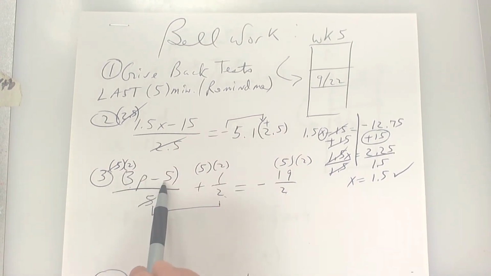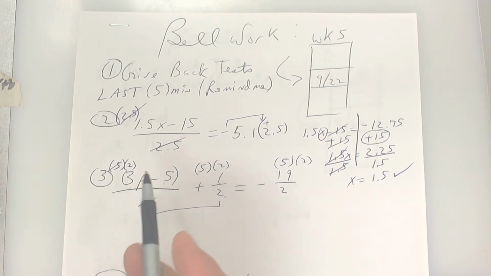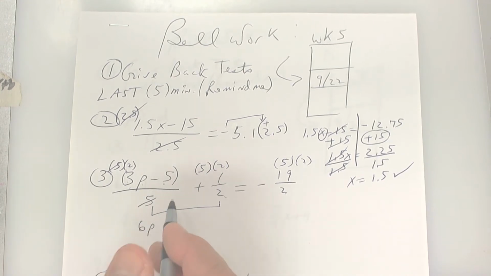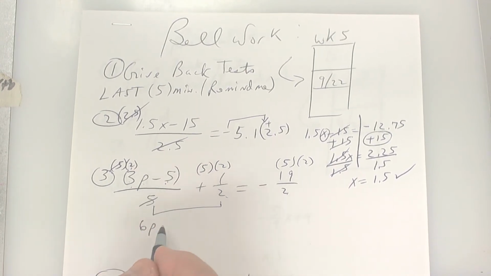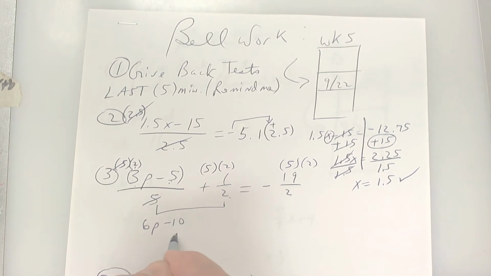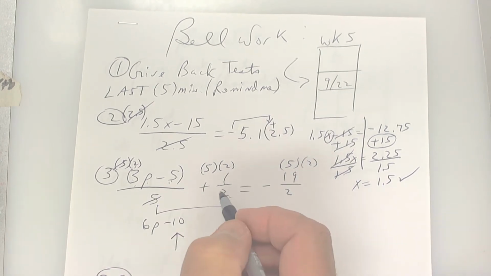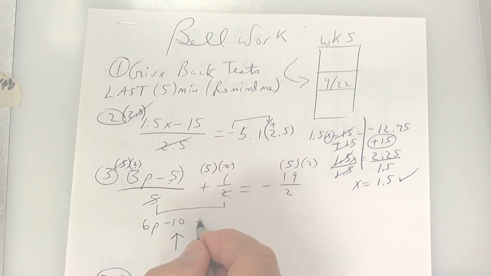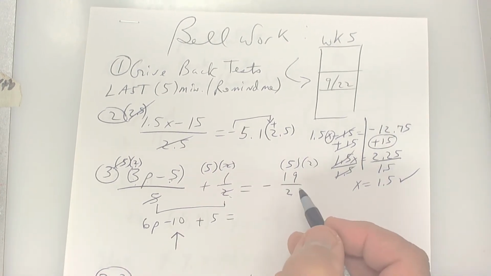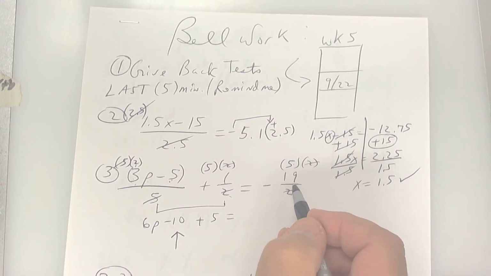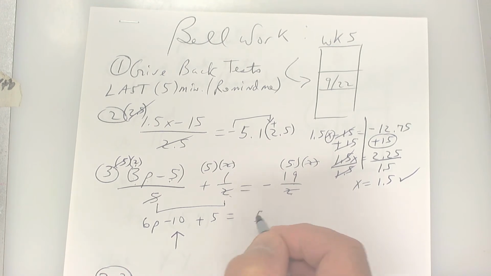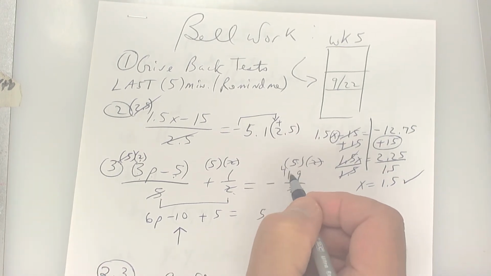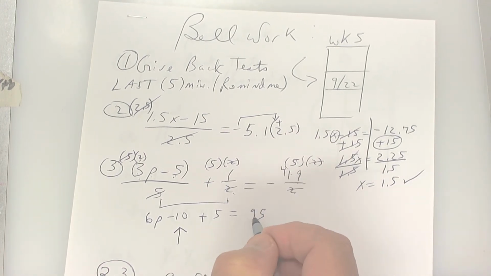Make sure you distribute. So 2 times 3p is 6p, and then 2 times that 5 is a negative 10. Make sure you do that. This, the 2's cancel, so you're left with plus 5 equals. Here the 2's cancel, so 5 times 9 is 45. 5 times 1 is 5, and 4 makes 95.